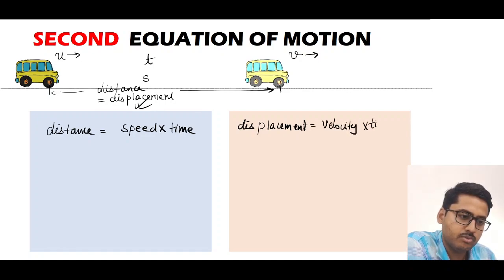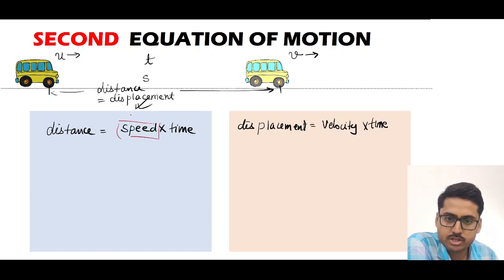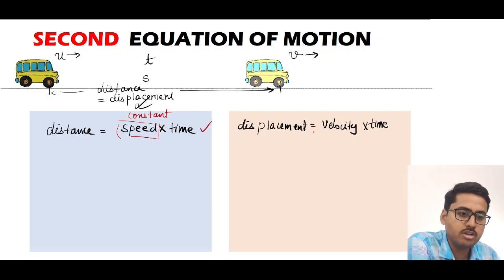In this equation, we sometimes forget that this speed refers to the constant speed. This formula is applicable when the speed is constant, and similarly this formula for displacement is valid if the velocity is constant.